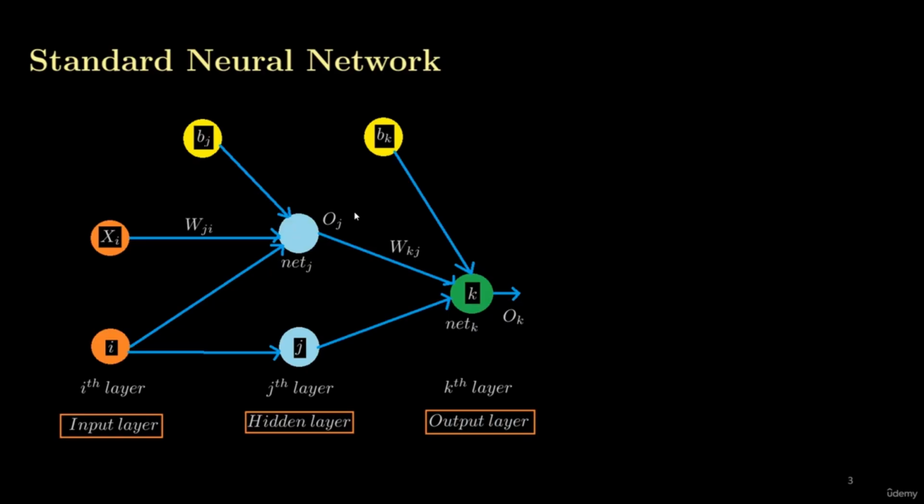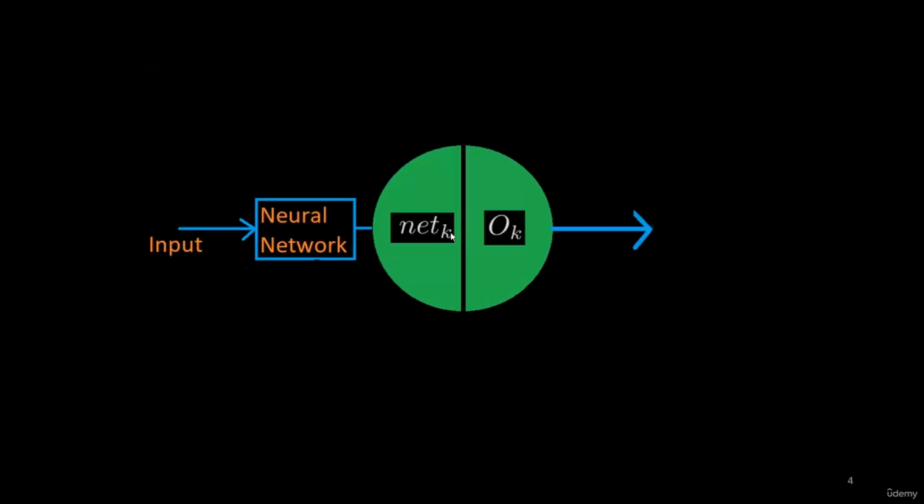Let's see this neuron in detail. So basically here we have a neuron, the output neuron. So this is net k and this is o k. If you see, net k is at the input side of the neuron. So basically net k is getting all the inputs from the branches which are connected with this neuron.